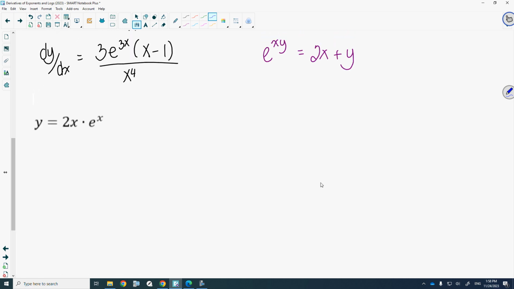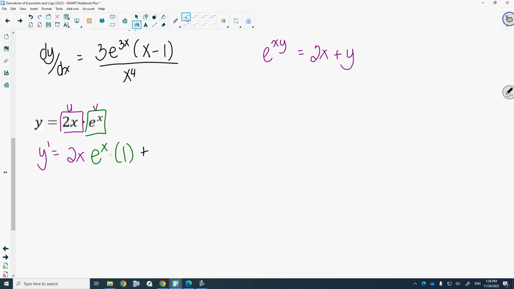Okay, so let's look at differentiating 2x times e to the x. So u, v prime. The derivative of e to the x is e to the x, and the derivative of x is 1.